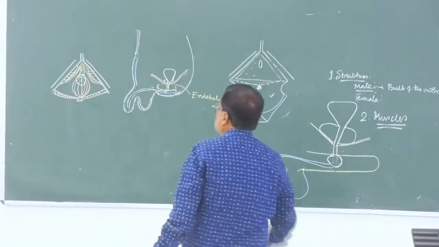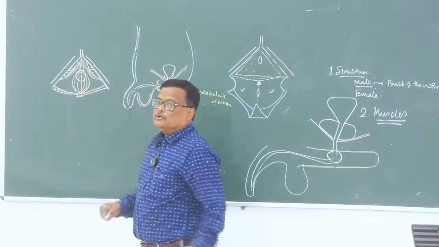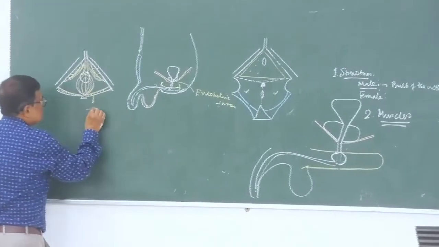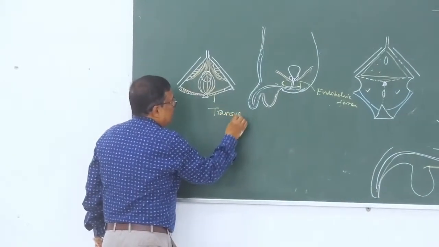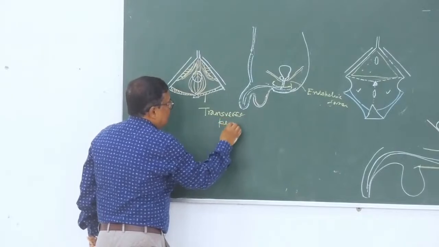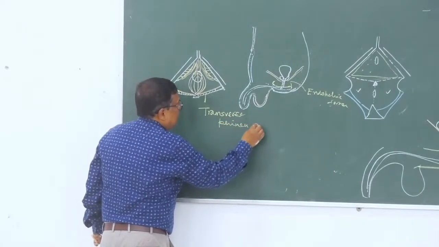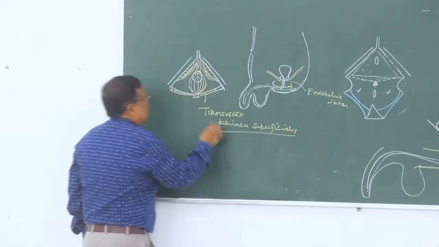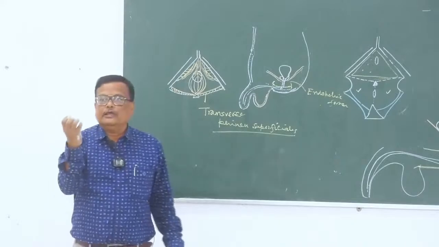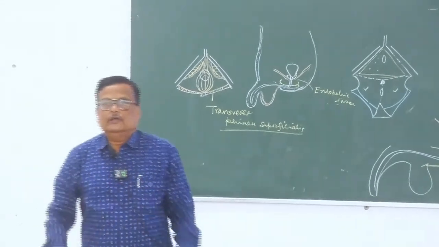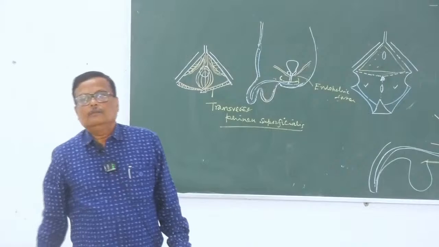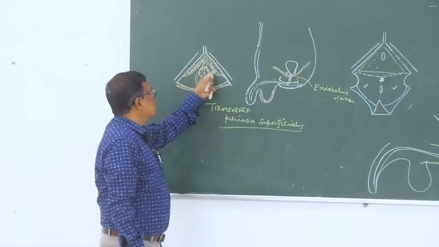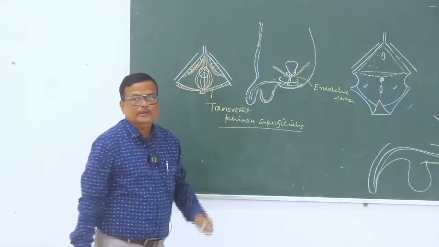As this muscle is transversely disposed, we call it transverse perinei superficialis, which steadies the perineal body. It helps to steady the perineal body.